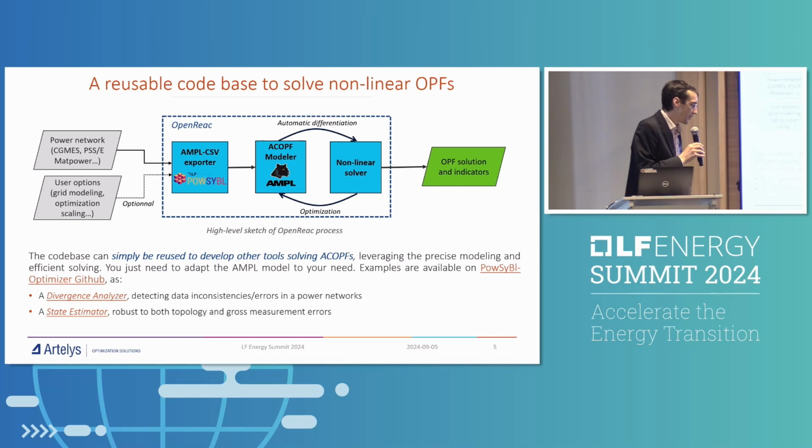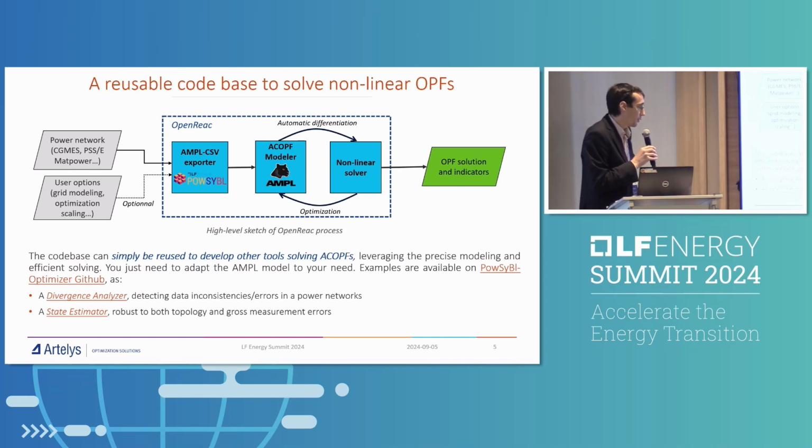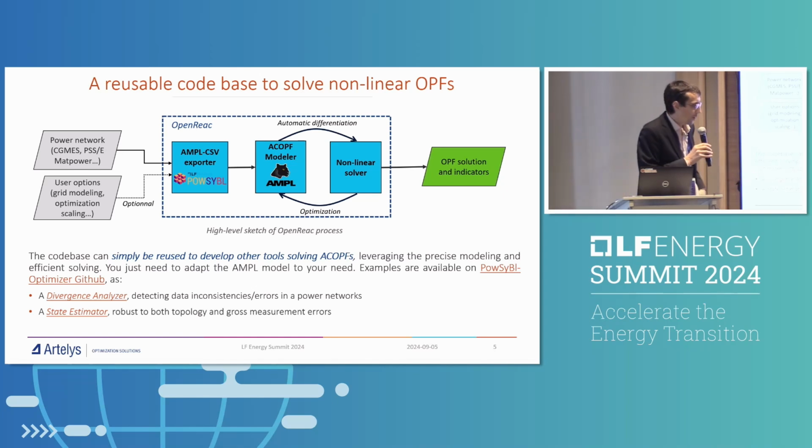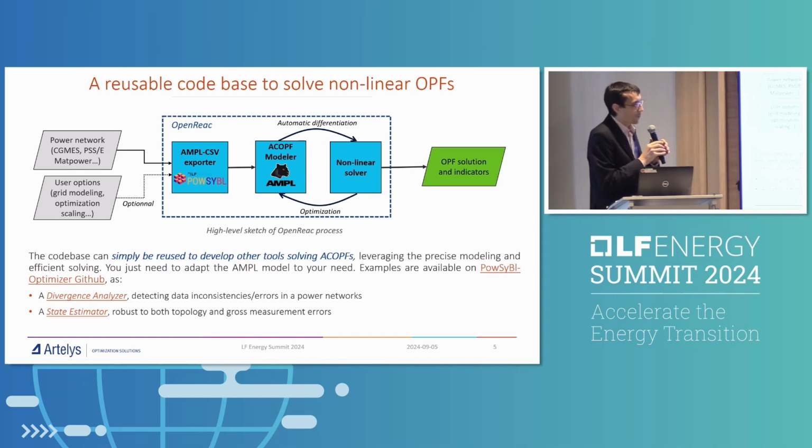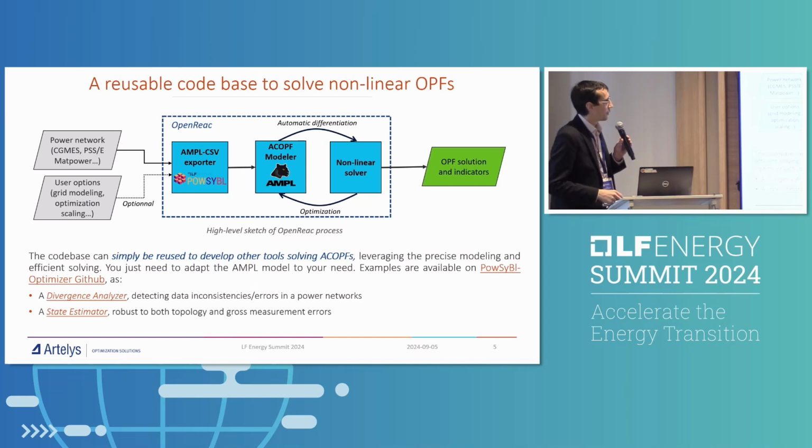And a state estimator that can detect both gross measurement errors and topology errors. Both of them are published in branches of PowSyBl, but they are not merged into the main tool because they are still prototypes.